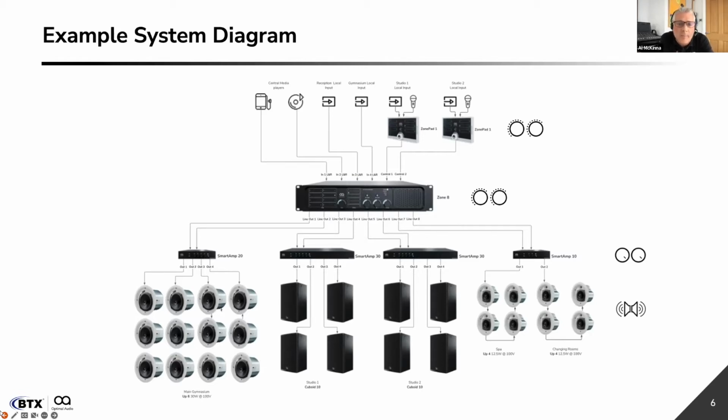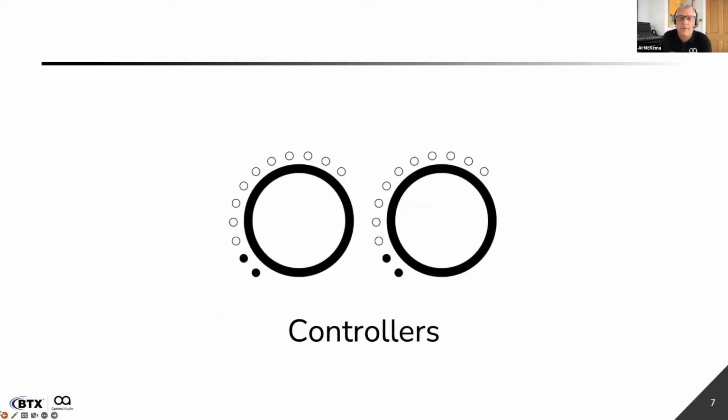When non-powered, connecting, of course, to our amplifiers, which also have integrated DSP, smart amplifiers, and then to our range of loudspeakers, which are in 3 formats: our up series into the ceiling, our cuboid series for on wall, and our sub series for that low frequency extension. That's a little overview of our product line. Robin will take you now through the details of each product and each product category that makes up that ecosystem.